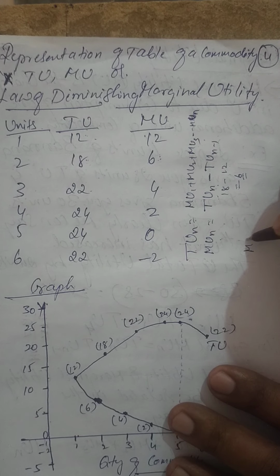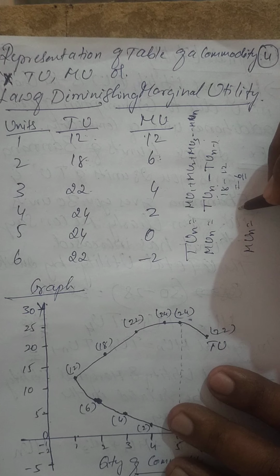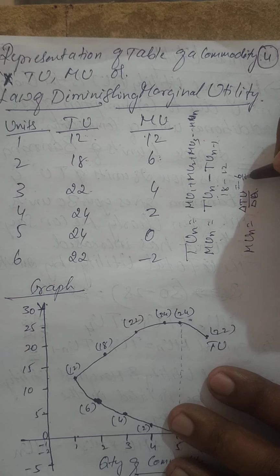One more formula is there: MUN is equal to change in TU divided by change in Q, which also gives the same answer. See, change in TU is nothing but 18 minus 12, which is 6, divided by 2 minus 1. Why change in Q?